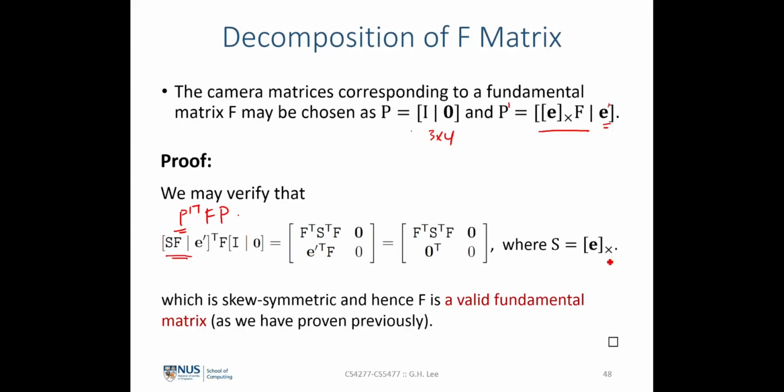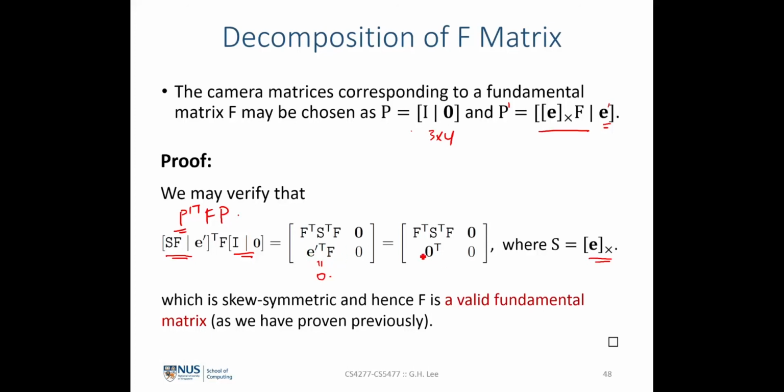We denote S simply as the skew symmetric matrix of the epipole in the first view, and we'll get this form, where P is simply the 3x4 identity matrix that we have seen earlier on. After evaluating this matrix multiplication, this is what we get, where we know that the dot product of the epipole multiplied by the fundamental matrix is equal to 0, since we have seen earlier on that the epipole is actually the left null space of the fundamental matrix.